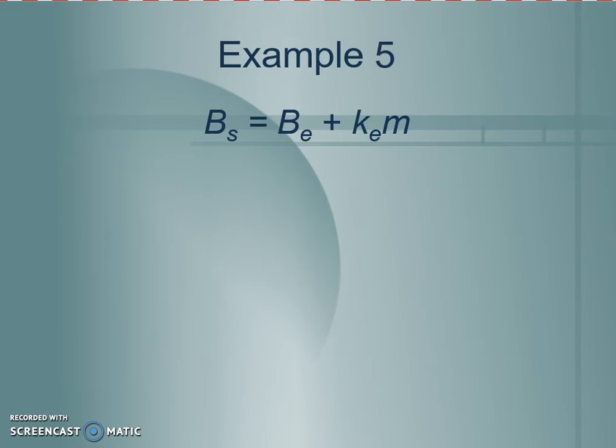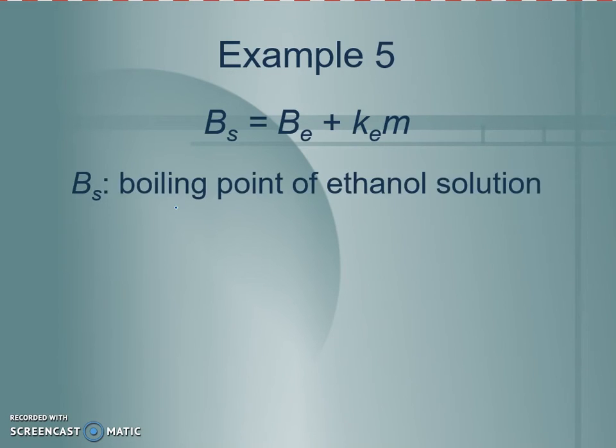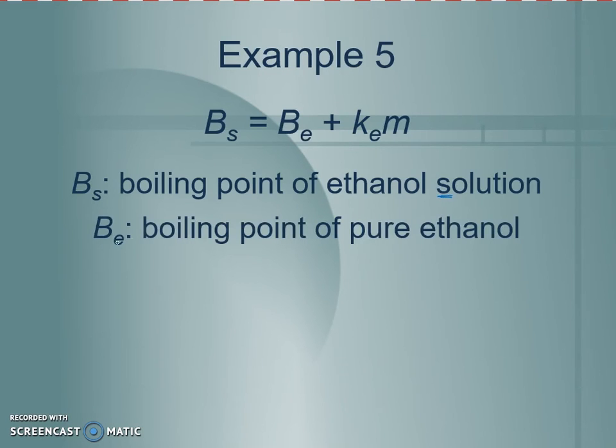First things first, we have our formula. We just want to identify so we know what they're talking about. BS is the boiling point of the ethanol solution, or the solution. E is the pure ethanol, and KE is our constant.